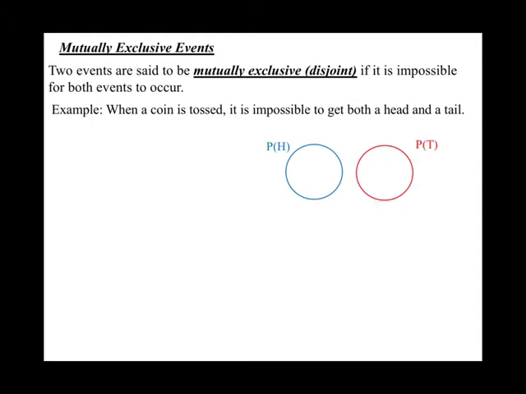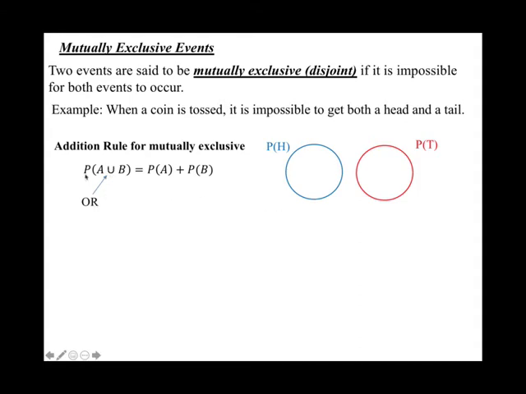When we are looking for the probability of head or tail, we want to use the addition rule for mutually exclusive events. This is the formula. Do you see this notation? It means or.